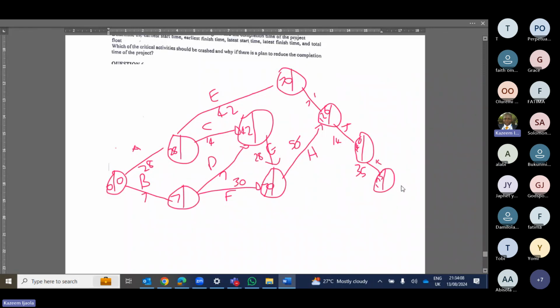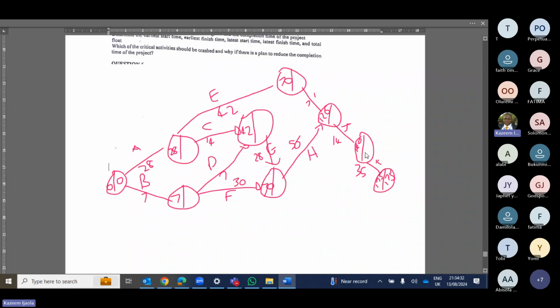Now we have done the forward part, so we need to do the backward part. What you do is repeat the same 175 here. 175 means you are going back. So 175 minus 35 is what? It will give us 140 back.